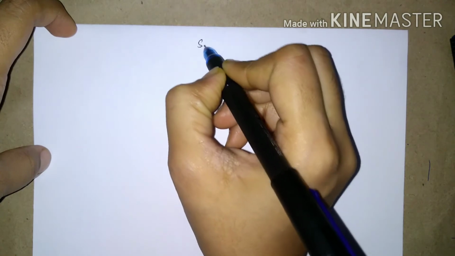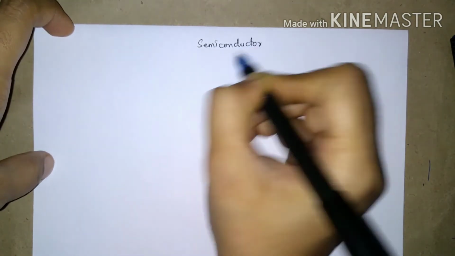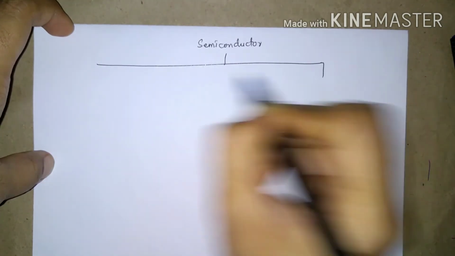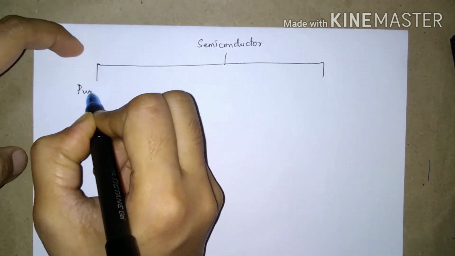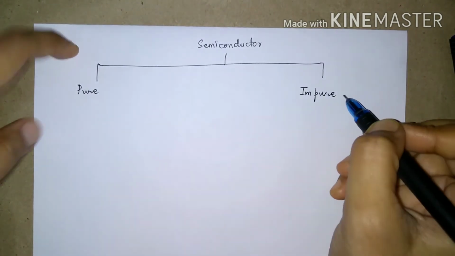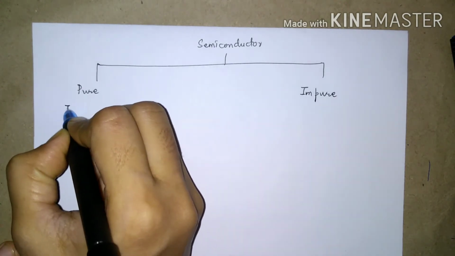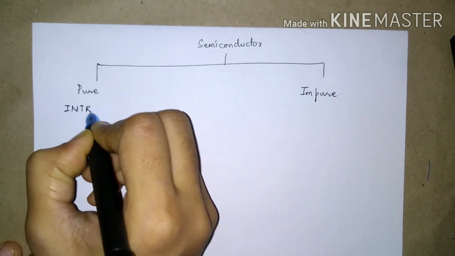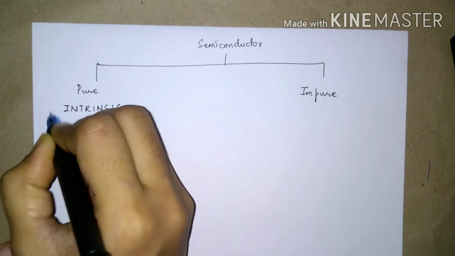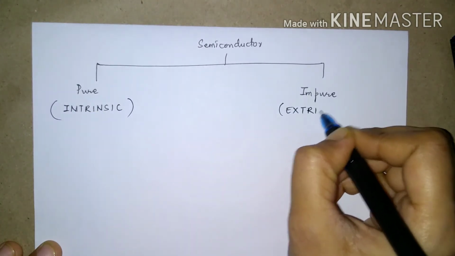So if you take a semiconductor, pure or impure: pure semiconductor is also known as intrinsic. Impure is known as extrinsic.